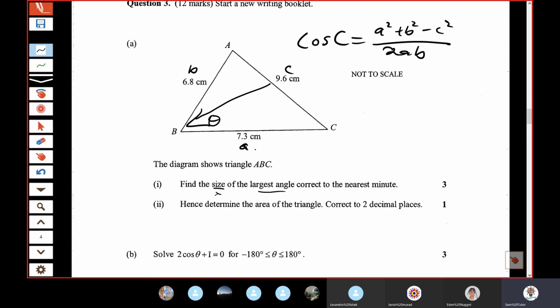What is that? What is the calculation? That's the formula, 2AB. Oh, yeah. 2AB. C squared plus C equals A squared plus B squared minus C squared over 2AB.